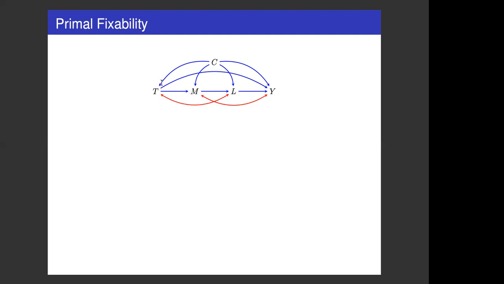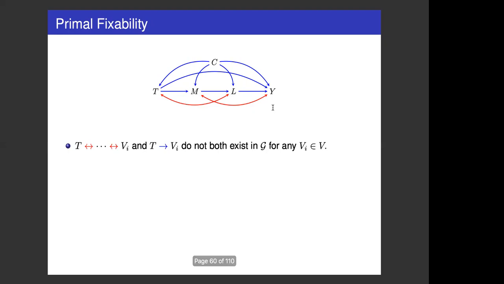The direct children of T in this ADMG are M and Y, and you can check that there's no bidirected path from T to either of these vertices. So we call this condition primal fixability, and it's just a more general condition than a-fixability, saying that the treatment should not have a bidirected path to any of its children in the graph, right?